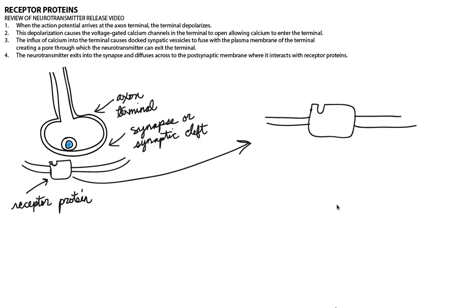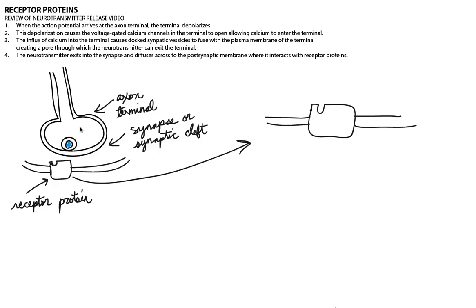In our last video on neurotransmitter release, we learned that when an action potential comes down to the axon terminal, it causes the inside of the terminal to depolarize. The depolarization of the terminal opens a new type of voltage-gated channel called a calcium channel, allowing calcium to enter into the axon terminal.